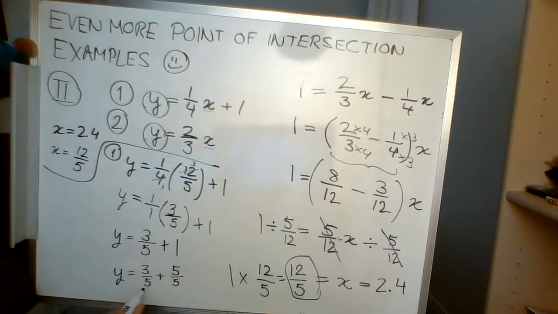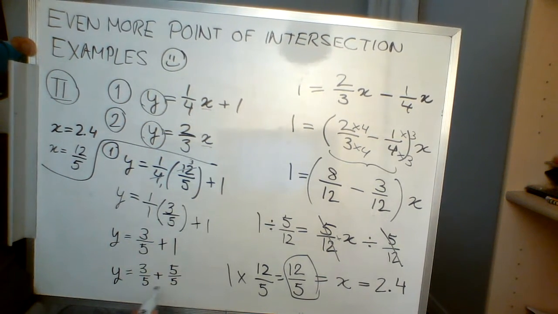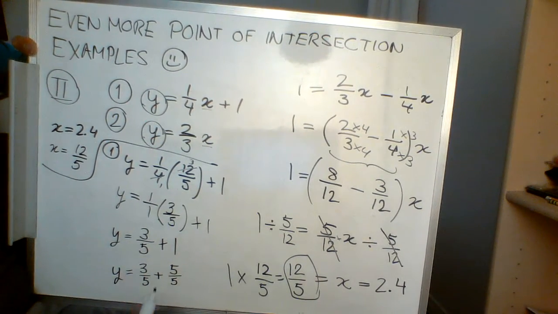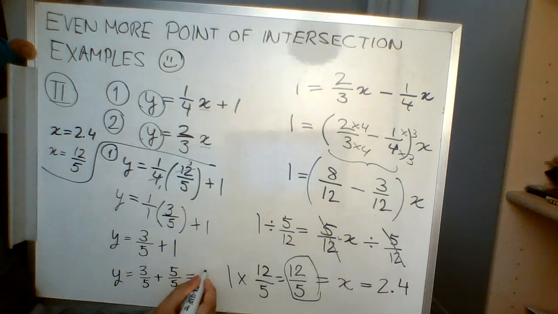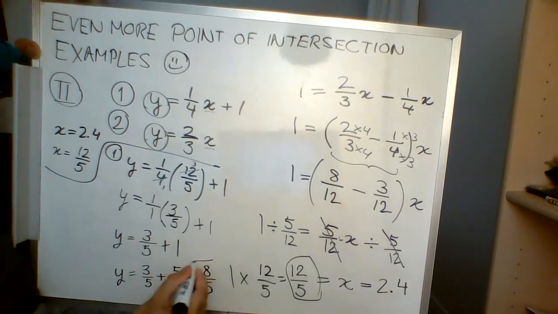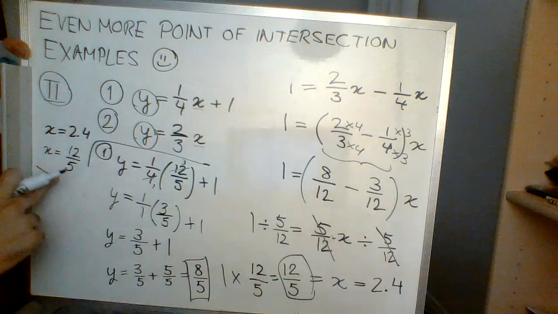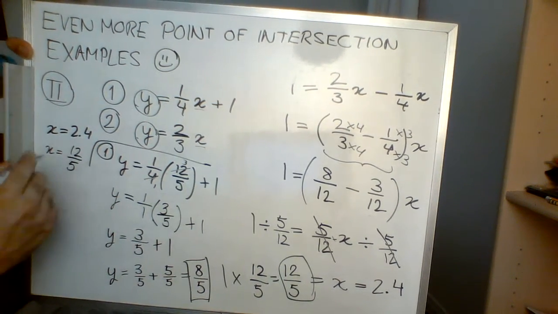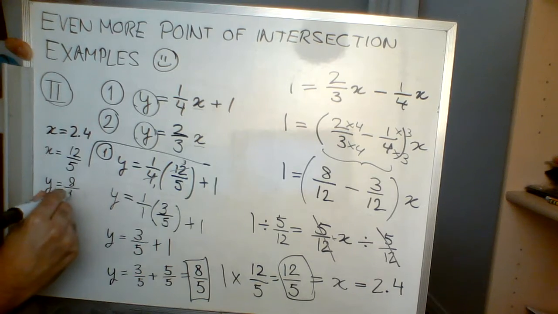The reason we're using 5s is because our denominator over here is a 5, so then we get a common denominator like that, and we can then just add those numerators together. And so that'll give us an answer of 8 over 5 for the y coordinate. So I'm going to write that in over here just so that we can double check it in a second. Y is equal to 8 over 5.